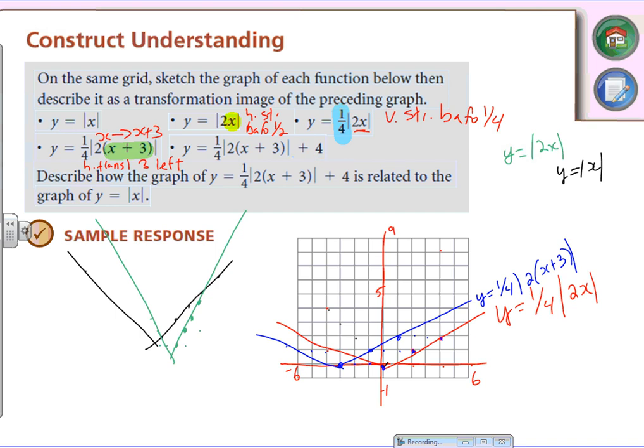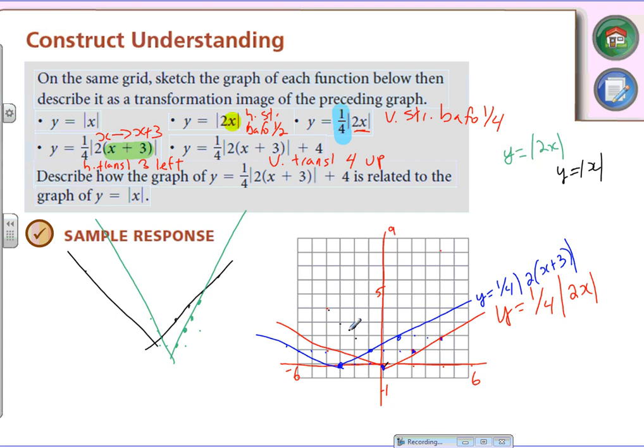Let's add that plus 4 on there because that says to do a vertical translation up. It's on the wrong side, so we don't have to do the opposite again. It could have been y minus 4 equals, but we've taken it to the opposite side. So let's do that last thing.